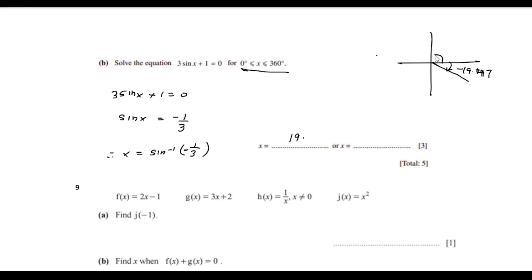So to write that in positive form, I will subtract this from 360. So 360 minus 19.47, one answer we get is 340.53.